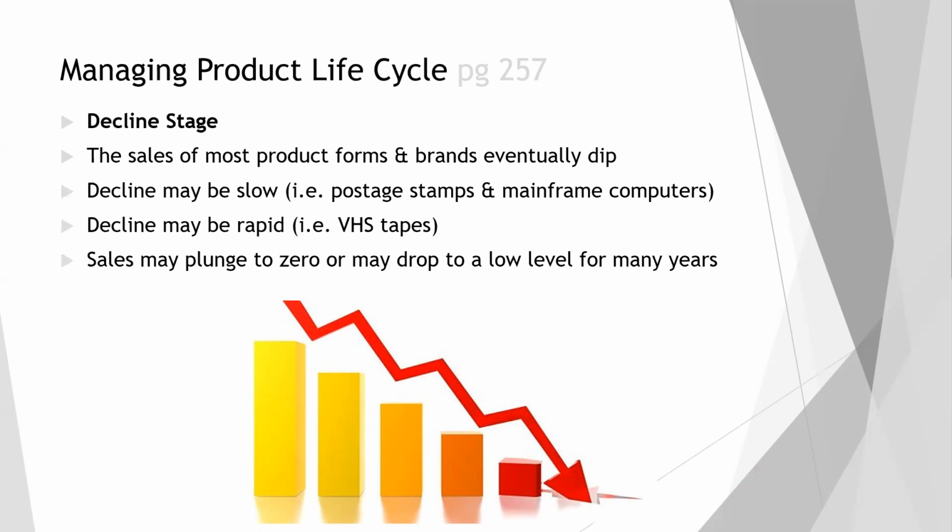So when DVDs were introduced to the market, VHS tapes took a very quick, very rapid decline. During the decline stage, the sales of a product may plunge absolutely all the way down to zero, or it could be a slow wait. They may drop down to a very low level for many, many years.